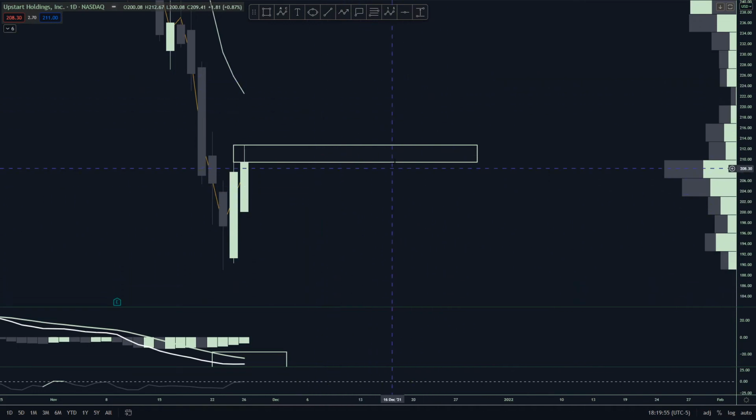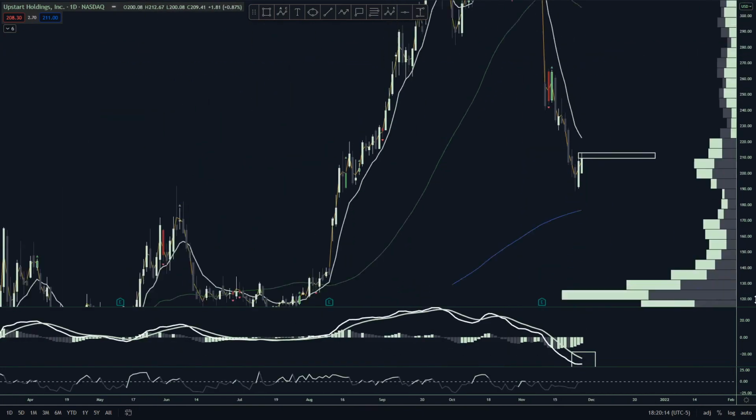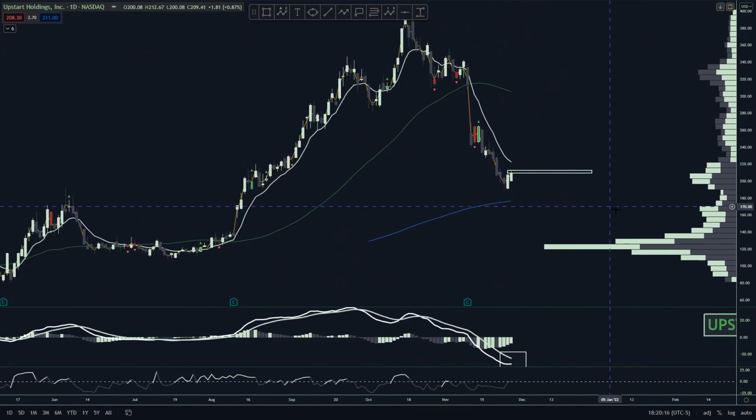And say we do test this zone a third time and end up breaking through. Okay, again, there's confirmation that we've now turned this resistance into some kind of support, and we are continuing upward momentum. So those are three very important things to look at when looking for reversals. Those are three things that I use all the time.